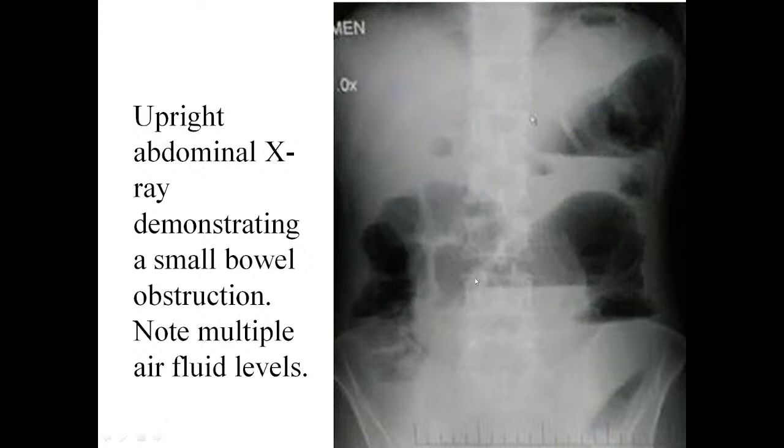In this you can see the air fluid level. When we can see air fluid level, it's a very important sign of bowel obstruction.